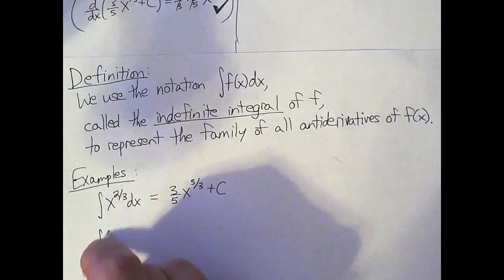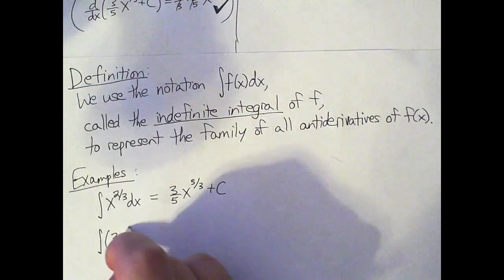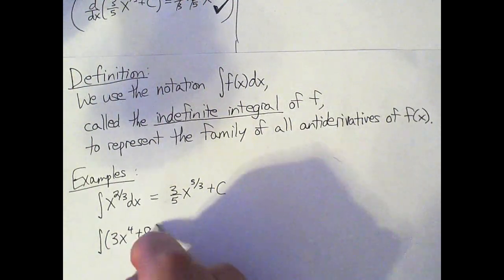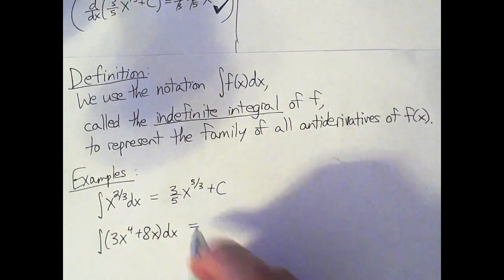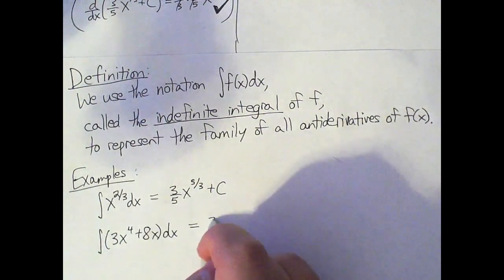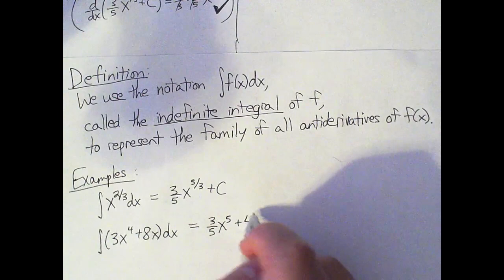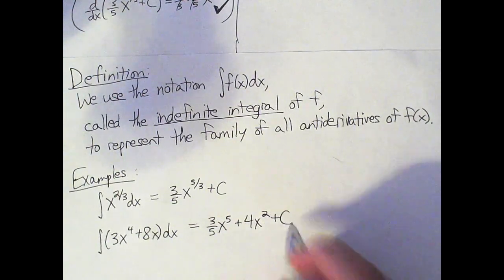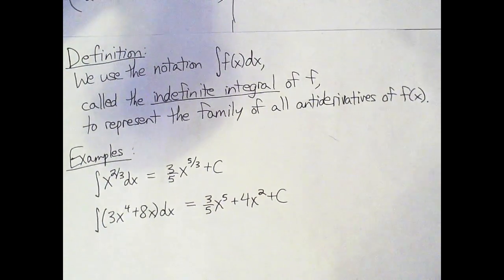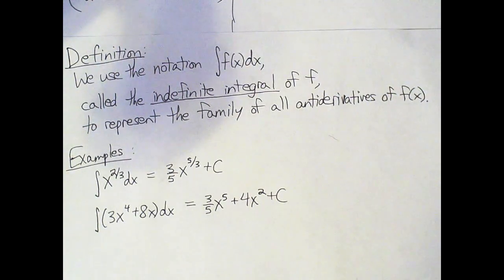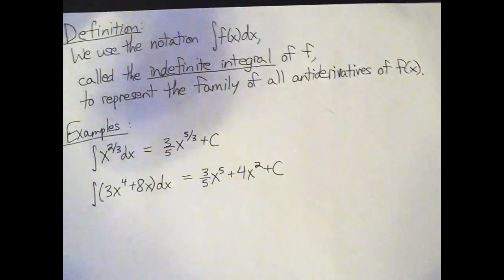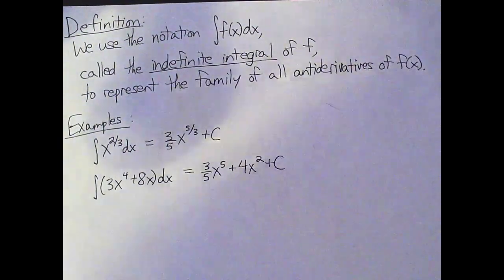We also did this problem above, 3x to the 4th plus 8x, and there's a dx in the notation. And we found the answer, 3/5 x to the 5th plus 4x squared plus c. So this is just a new way of writing the problems that we've already been doing.